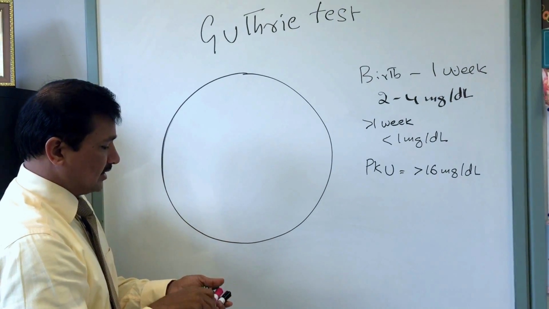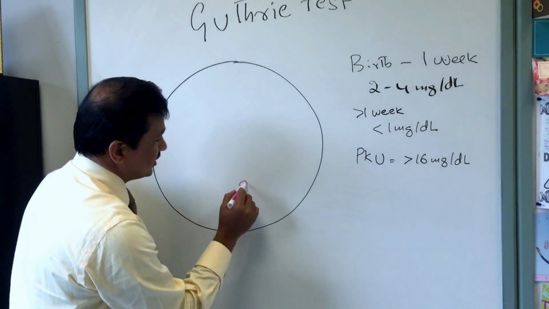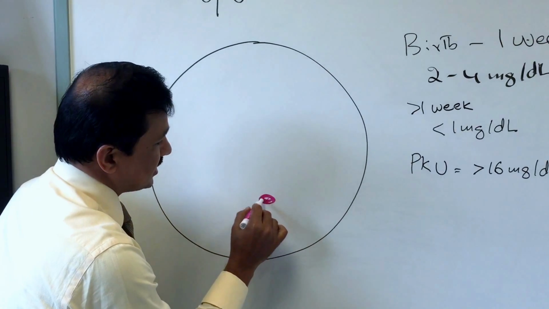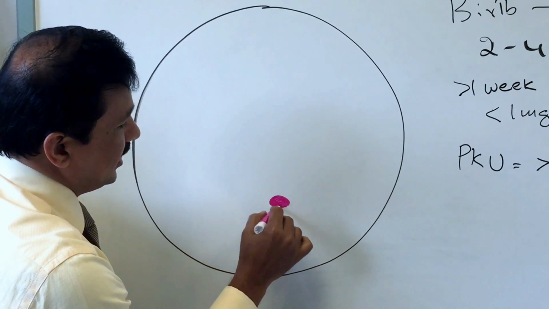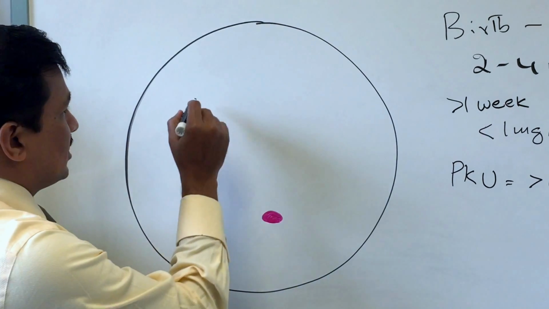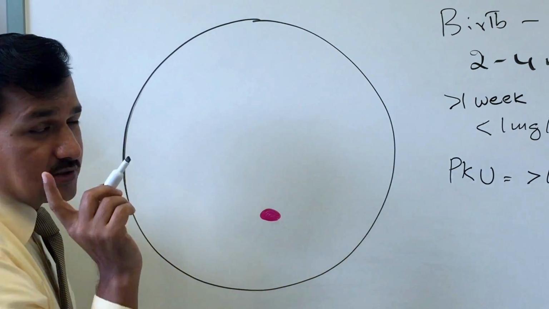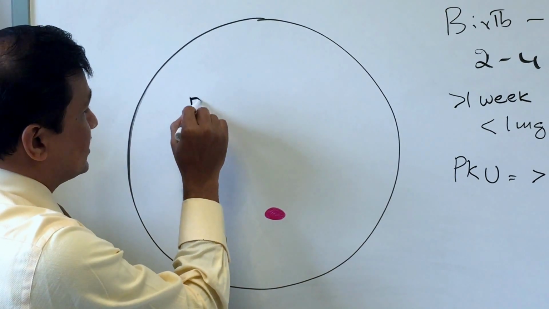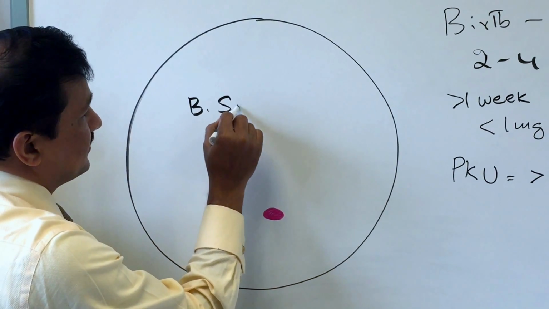I'll write the blood sample here with the color. So this is the blood sample that has been placed on the agar media, and the spores used are from Bacillus subtilis.